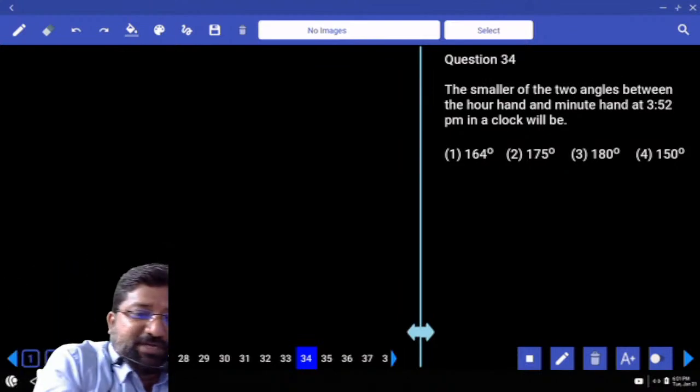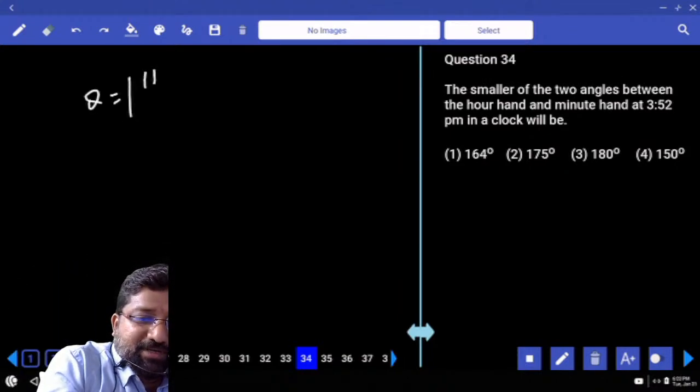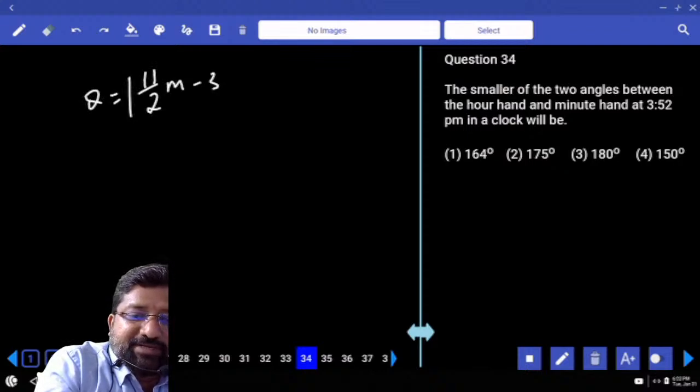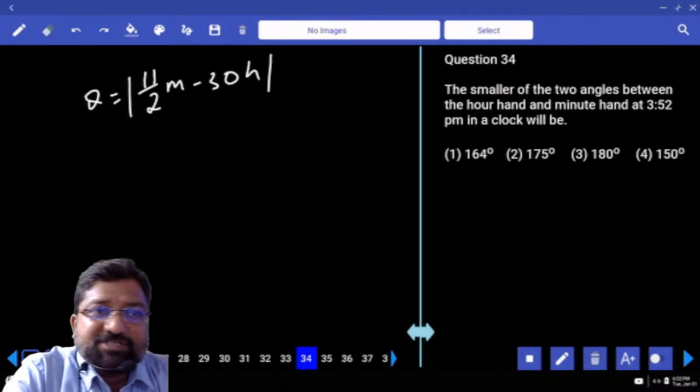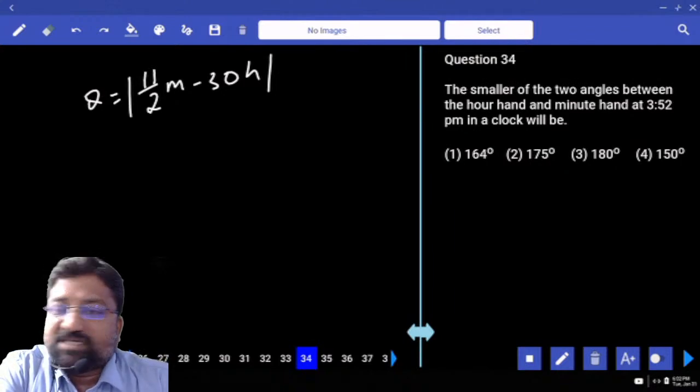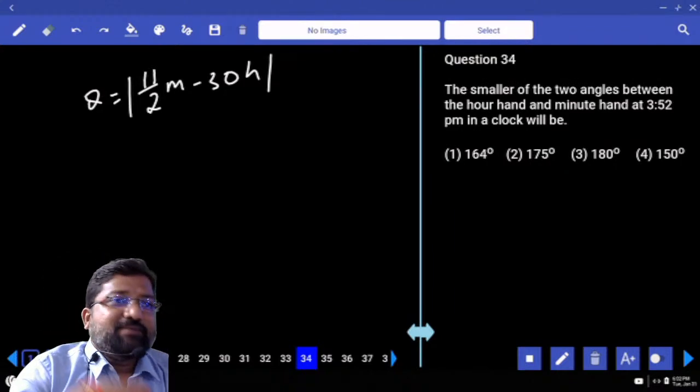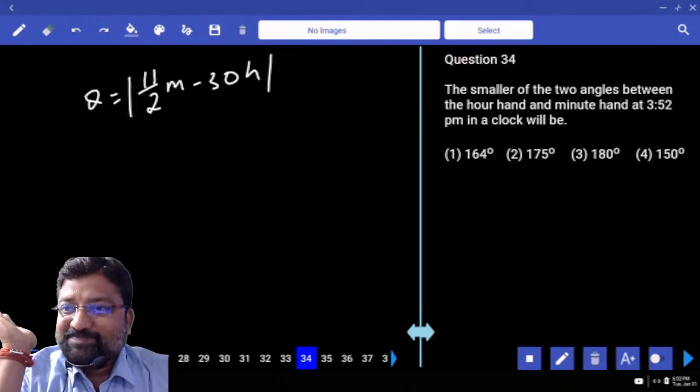So the angle between two hands of a clock, theta, is equal to modulus of 11 by 2 M minus 30 H. M is for minutes, H is for hours. H is any number into 11, blink of an eye.